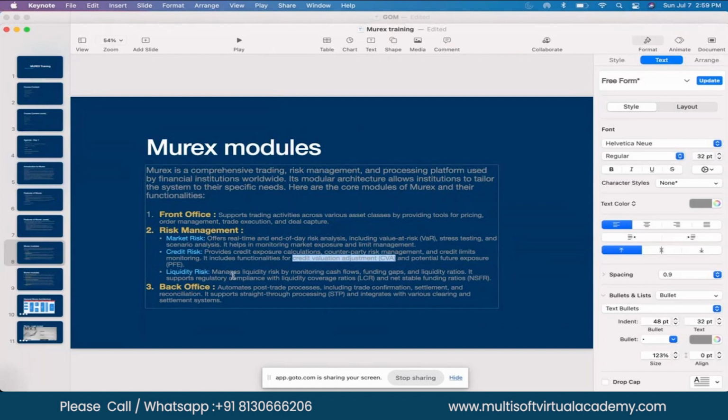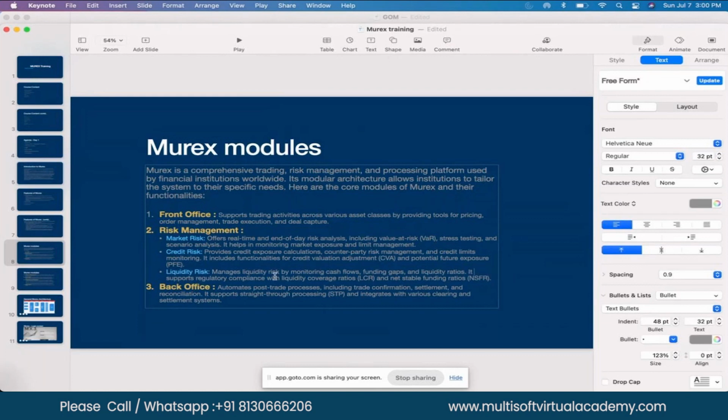Liquidity risk is something we already spoke about as part of market risk. So liquidity risk is part of your market risk module only. We have separately mentioned it as managing liquidity risk by monitoring cash flows, funding gaps and all liquidity ratios.